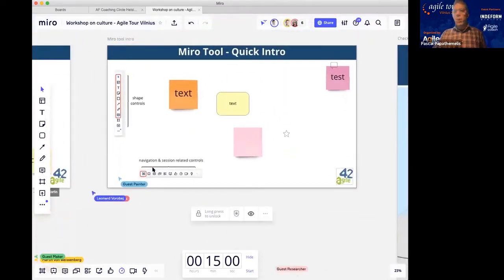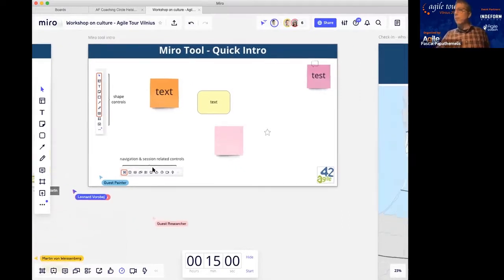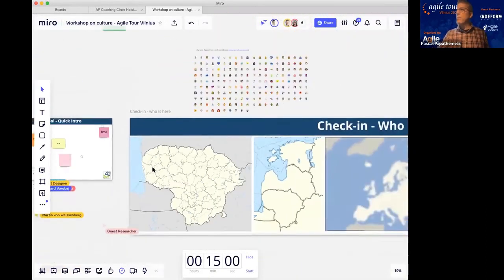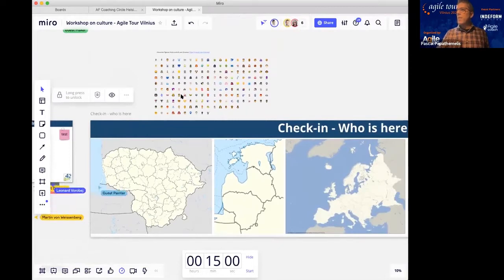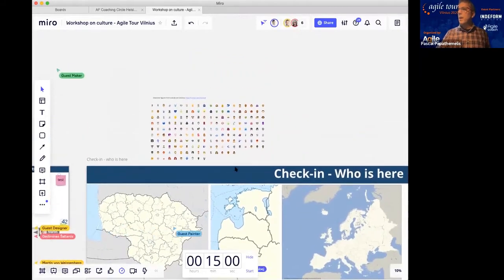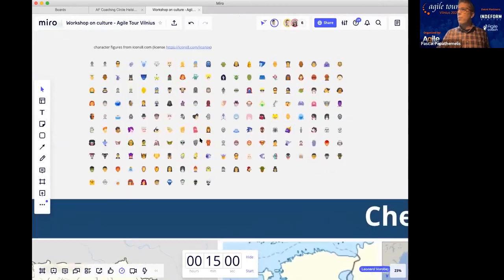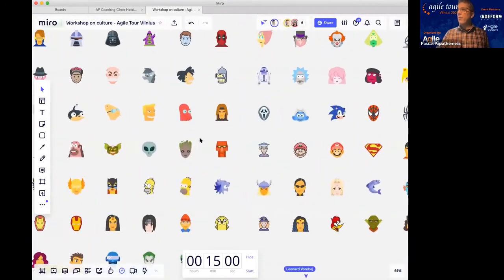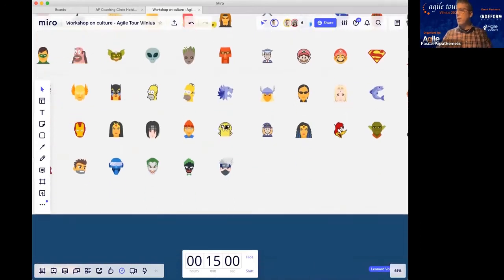Good. As a warm-up, I would like to ask you, and now if I zoom a bit out, we have the different maps here. And if you go here on the top, you will see there are many small characters. So the idea would be to grab a character.